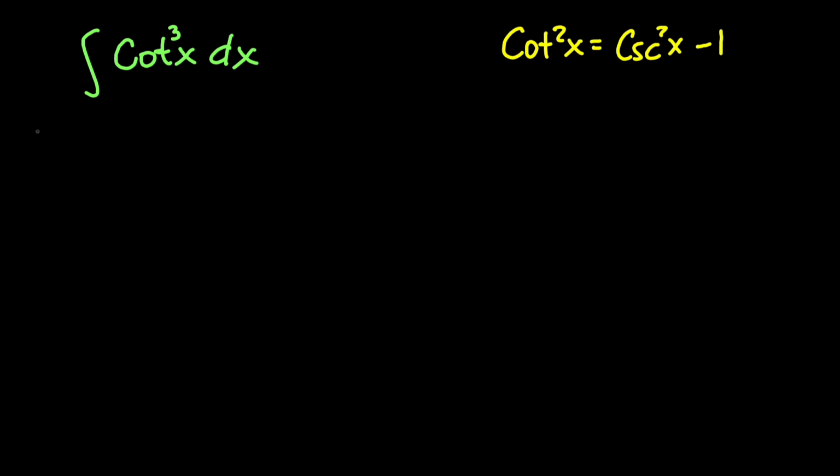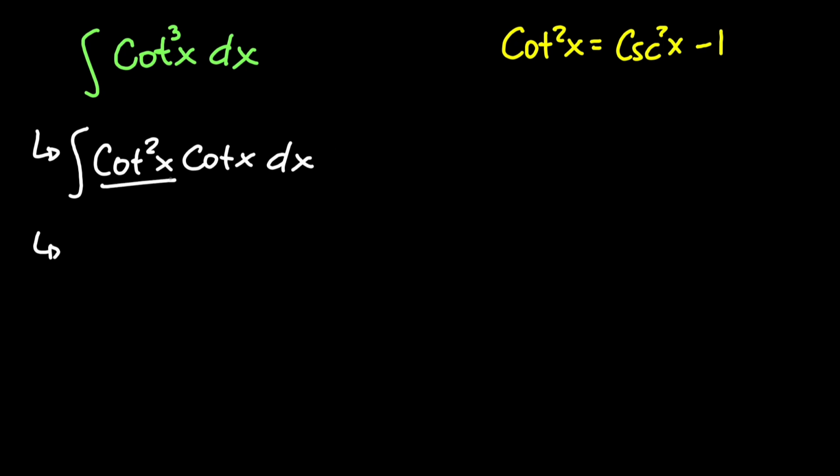The integral of cotangent cubed of x. And so, first thing, we're going to factor out a cotangent squared of x so that we can transform this into this form. And so, this would become the integral of cotangent squared of x, cotangent of x dx. And so, we will transform this one.